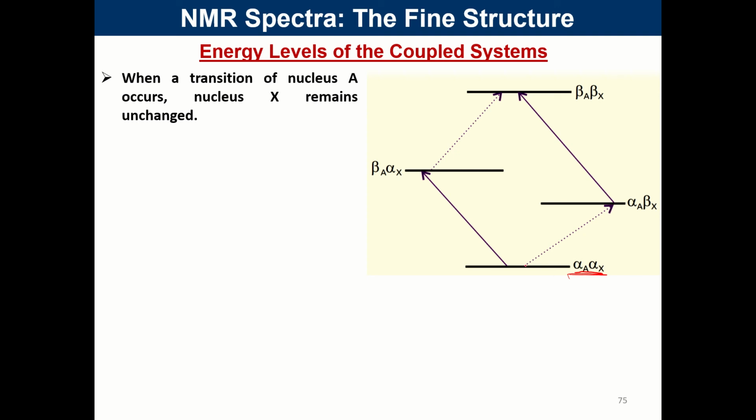So you see, keep one of them constant, so alpha x is constant here, and there is change in the alpha a, so the spin state of the A nucleus changes like this.